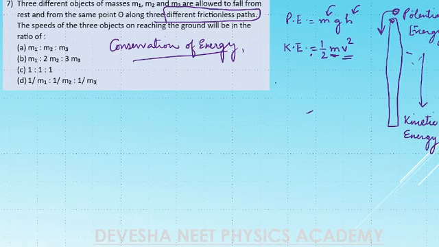If I equate these two, mgh is equal to half m v squared. The m gets cancelled, which means v squared is equal to 2gh.